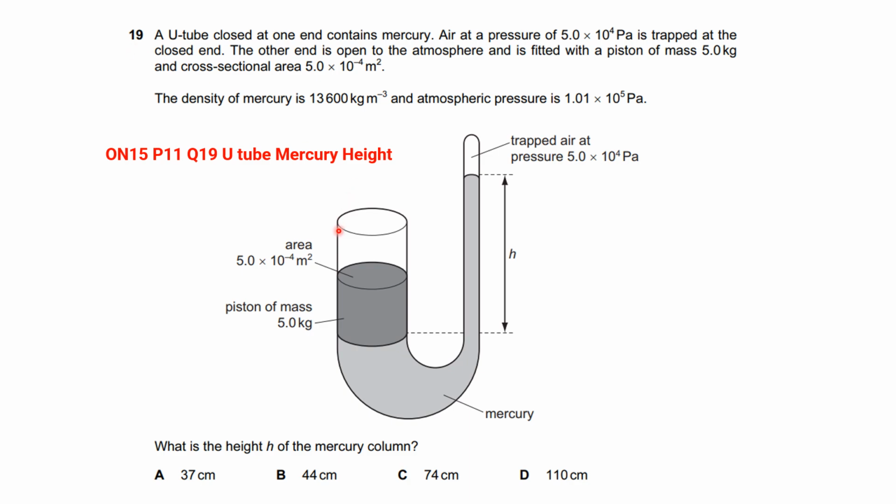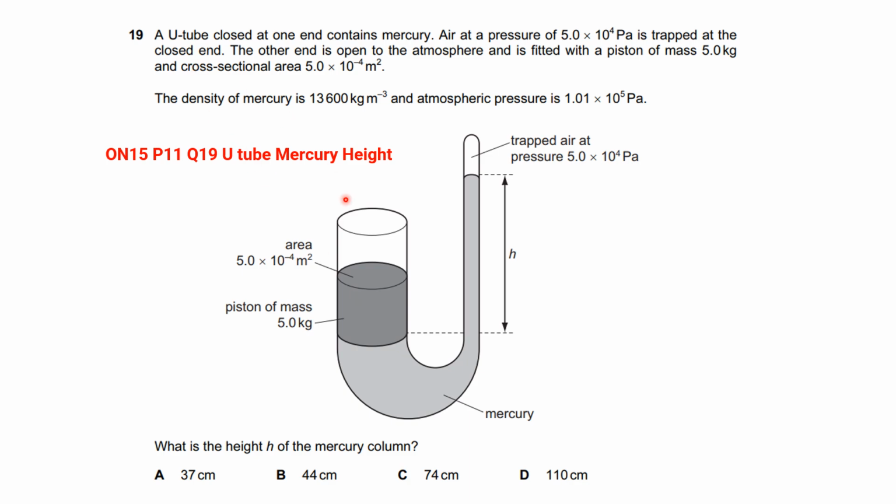A U-tube closed at one end contains mercury. Air at a pressure of 5 times 10 to the 4 pascal is trapped at the closed end. The other end is open to the atmosphere and is fitted with a piston of mass 5 kilograms and cross-sectional area 5 times 10 to the negative 4 square meter.